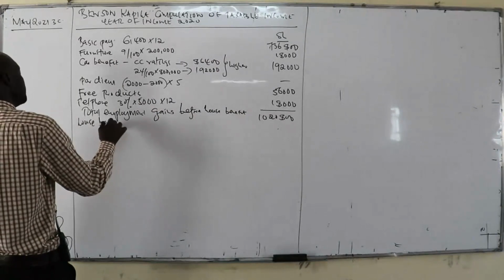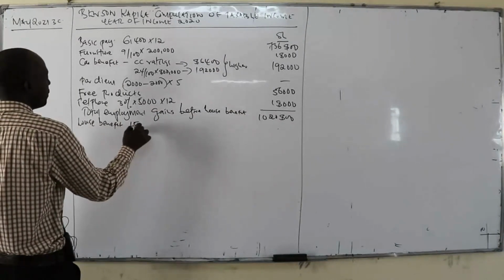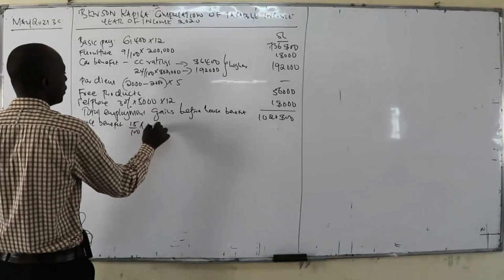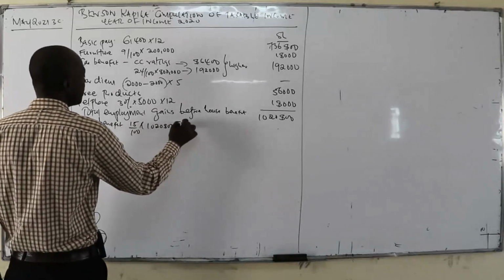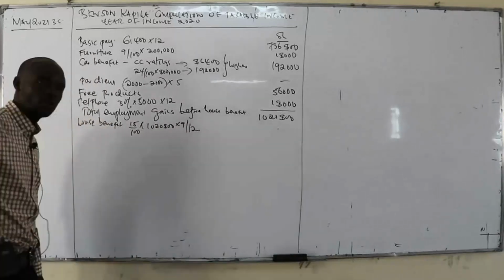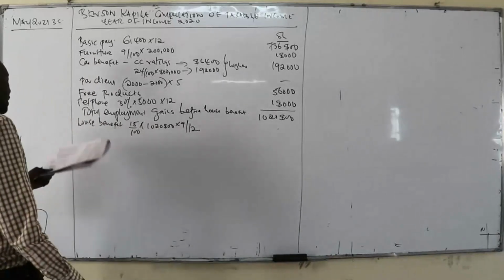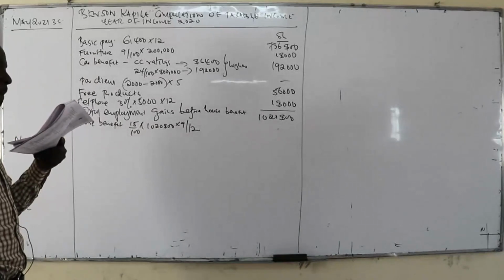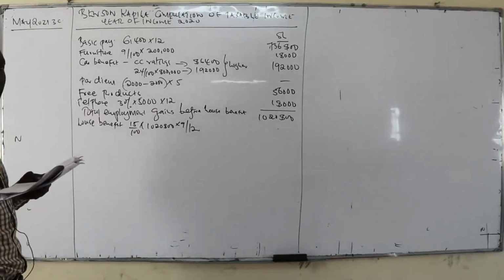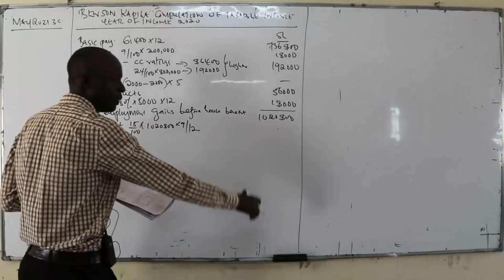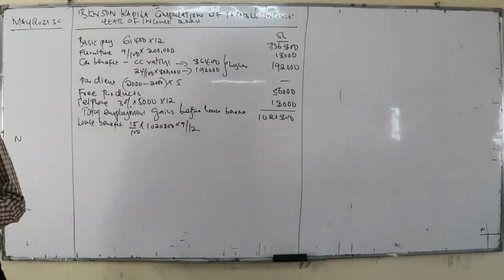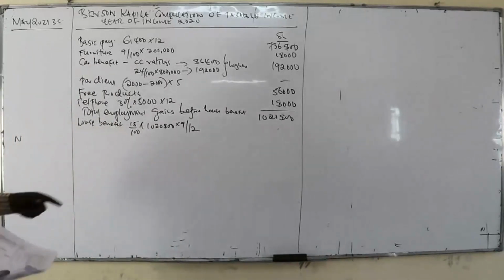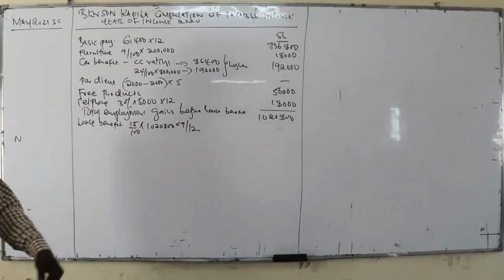House benefit is 15% of 1,020,800 times 9 out of 12. He was in that house for 9 months. You haven't been given the fair market rental value. Where you're not given the fair rental market value, the house benefit will only be 15% of the total gains from employment.